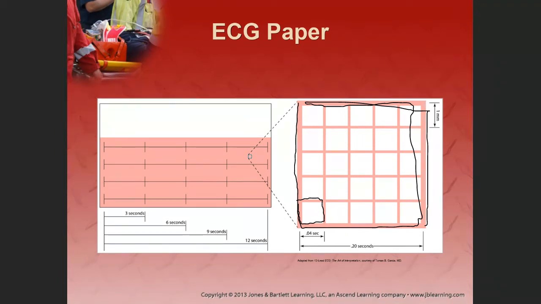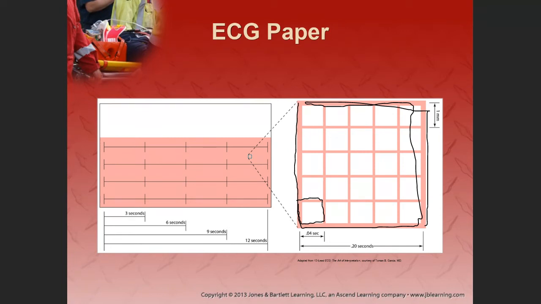Okay, so that's what I really want you to grasp. If one of the large boxes represents 0.2 seconds, it means it takes 5 large boxes to give you 1 second.